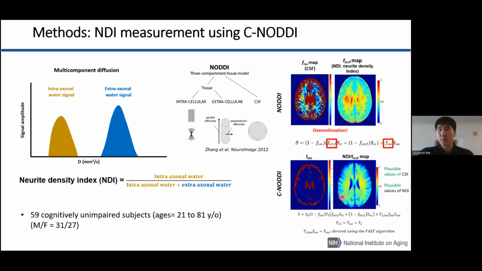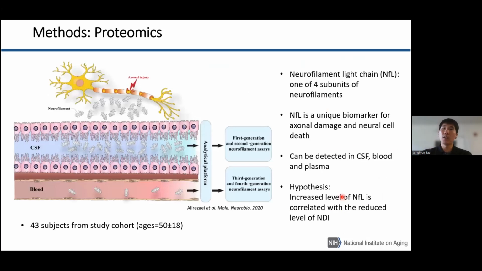Using this, we obtained NDI measures from 59 cognitively unimpaired subjects with age spanning from 21 to 81 years old. For the validation of our NDI measures, we collected blood samples and obtained neurofilament light chain levels in the plasma.